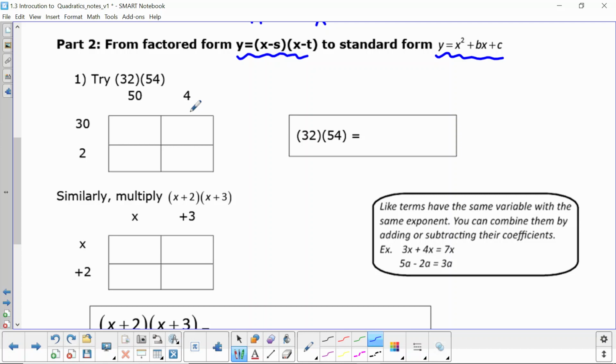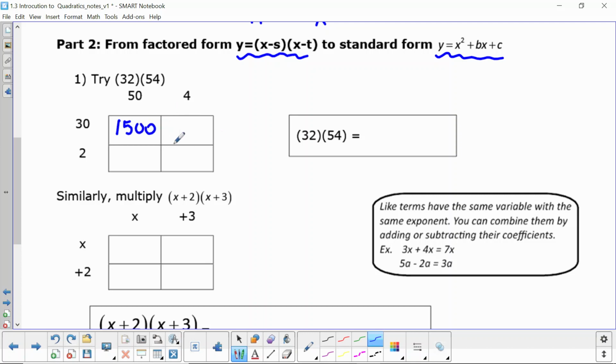So we also call this a rectangle model. And we are going to find the area of each rectangle. So you have 4 rectangles. For this one, the length is 50, the width is 30. The area is length times width. Multiplying these two numbers together, you have 1500.